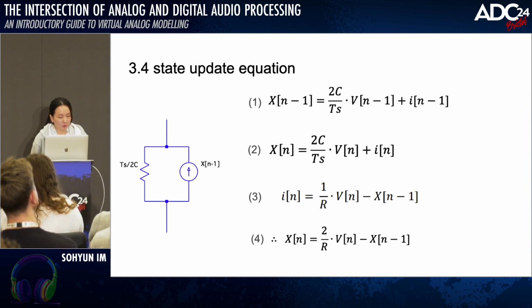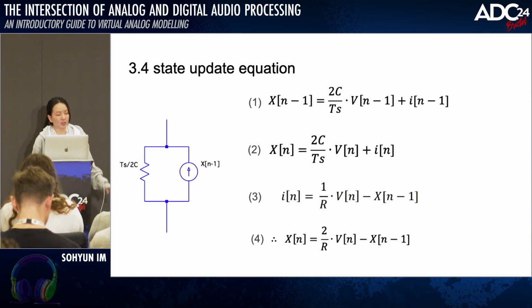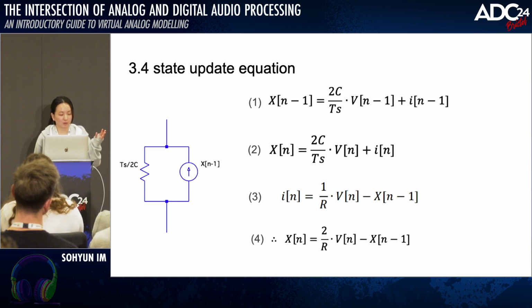Equation 1 is what we've already obtained. It's about our state value, x of n minus 1. For the second equation, we changed the n minus 1 in equation 1 into n. In equation 1, you can change all the n minus 1 into n, so it's the same thing.